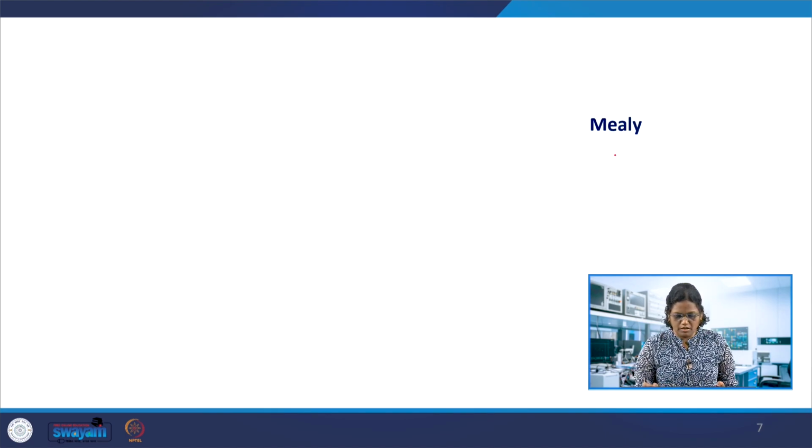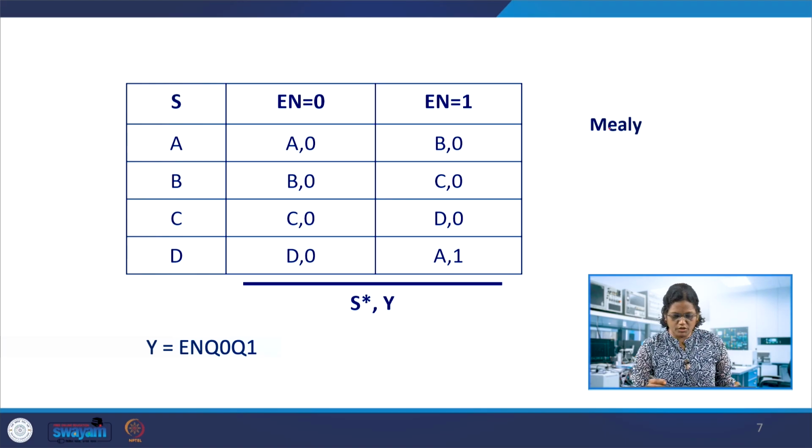Now the Mealy machine usually decides the outputs as well. So the output, we have this enable output equation with Q0 star and Q1 star. So when enable is 0 and Q0 and Q1 star have the value 0, then what should be the output? It gives the output.